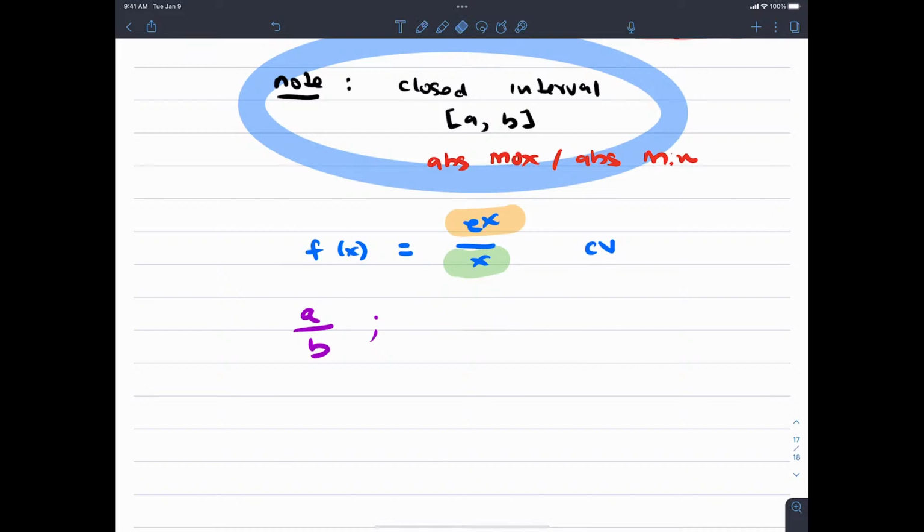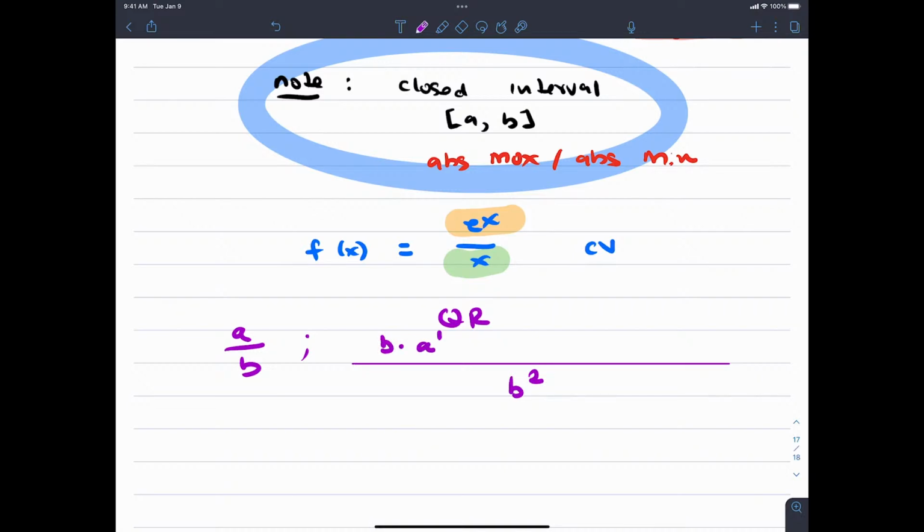Quotient rule, right? Okay, what is the quotient rule? Do you guys remember? Yeah, it looks kind of like this here, right? If I take the denominator and I square it, bring the denominator up, take the derivative of the numerator, okay, and this is going to be that derivative.